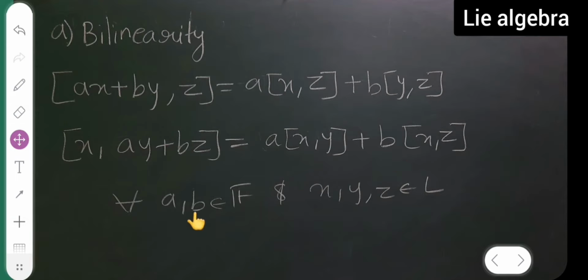This is for all a and b belonging to the field, and x, y, z belonging to L, the Lie algebra. So this is the first condition.